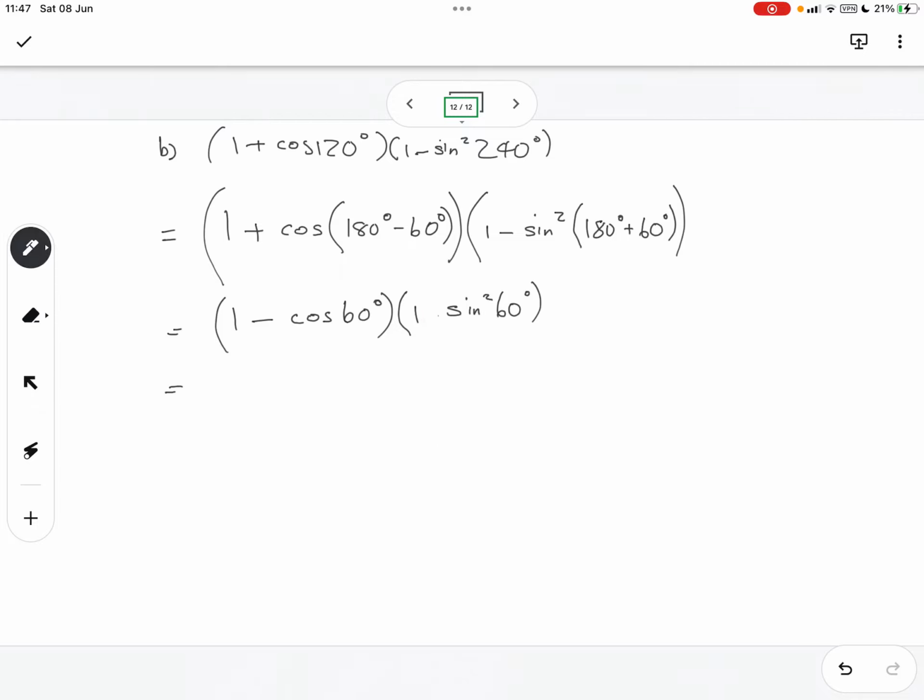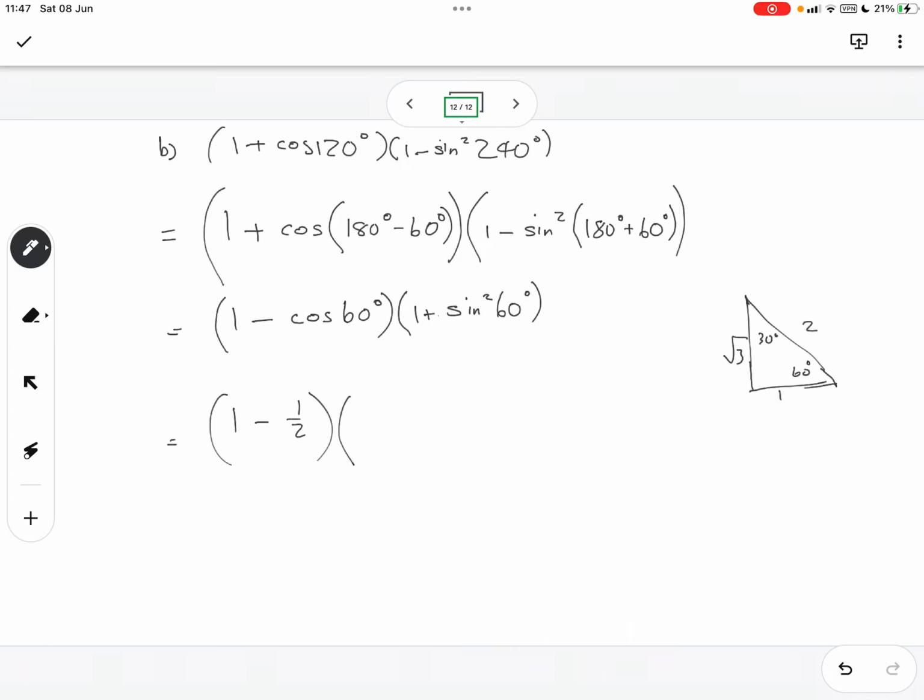Then 1 plus sine squared is the same as... What did I do? Something is not right. That's fine. Then I can have 1. Oh, I didn't even need to.